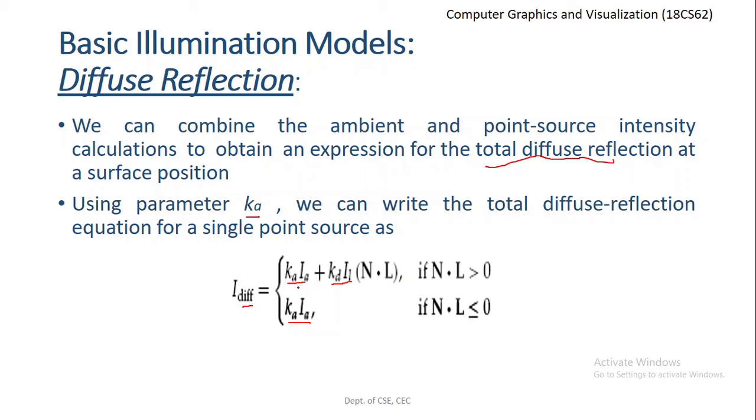This is the equation if n dot L is greater than 0. Else, if n dot L is less than or equal to 0, the intensity of diffuse light will be equal to only the product of the ambient reflection coefficient and the intensity of the ambient light.